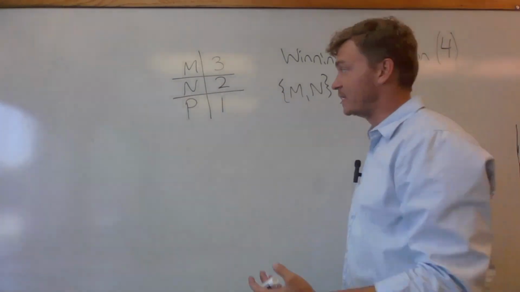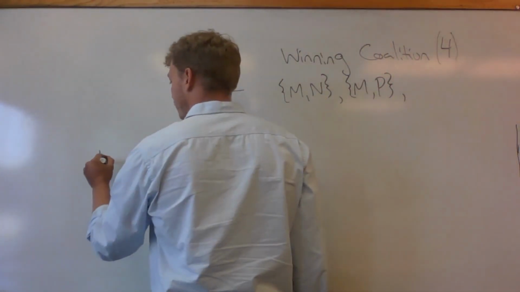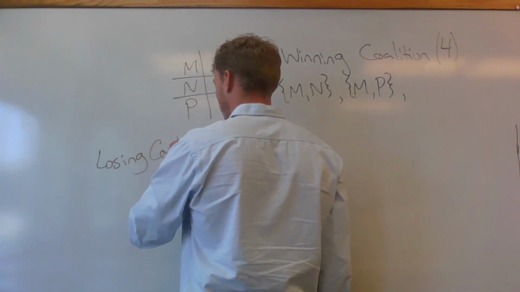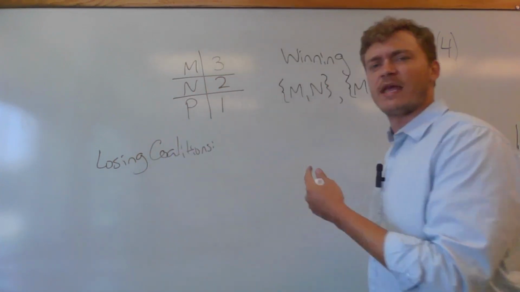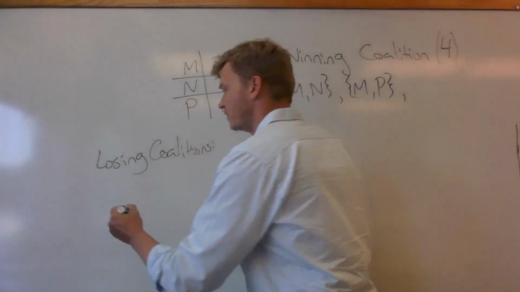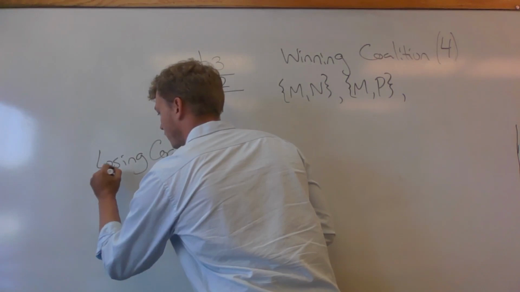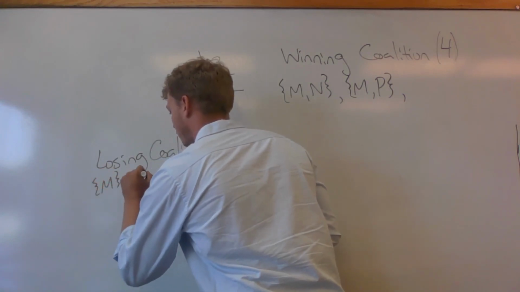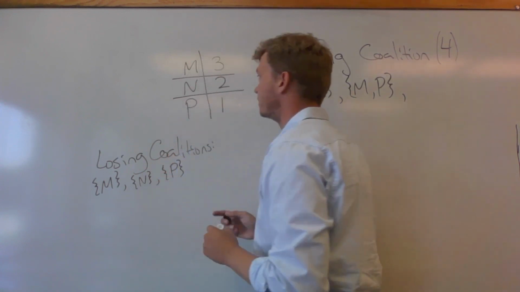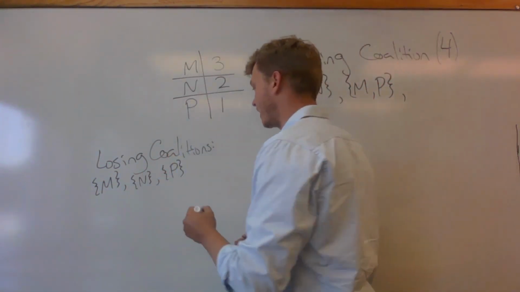Maybe we can go ahead and start listing our losing coalitions as well. So every time we can't find something that works here, we place it here. That is, nothing can win by itself. We just found that N and P cannot win together.